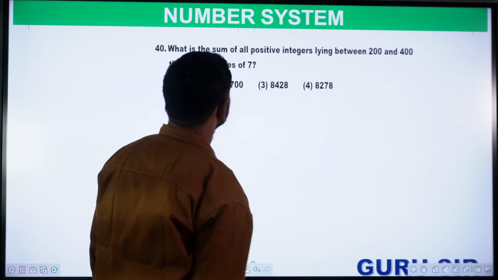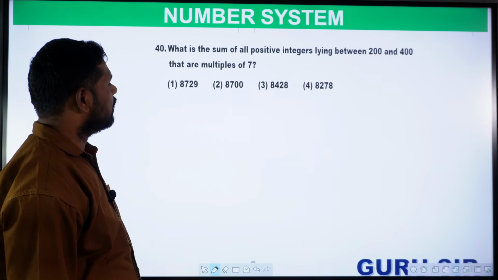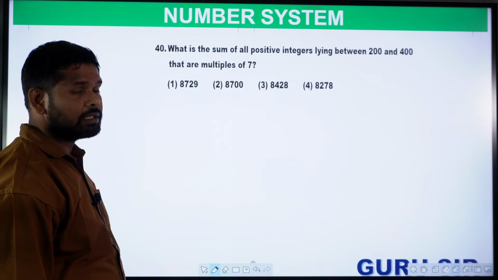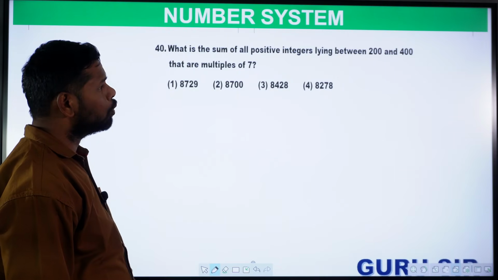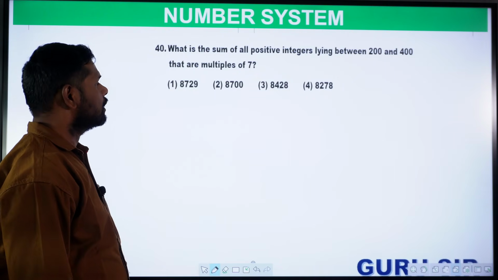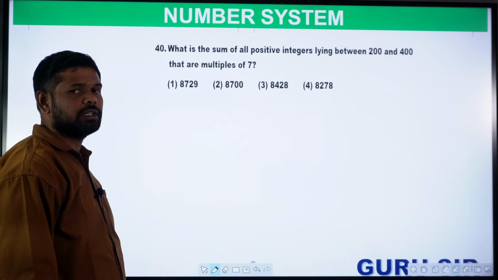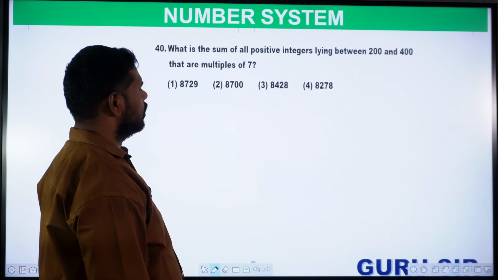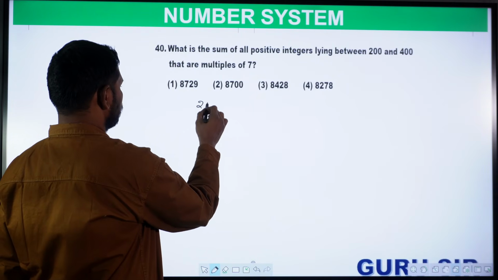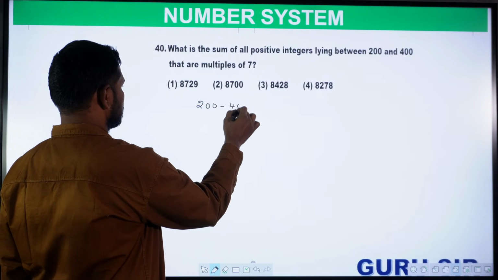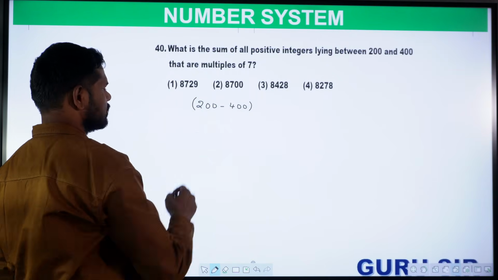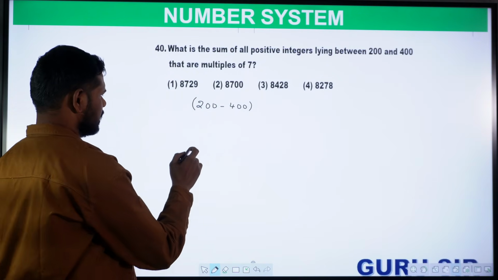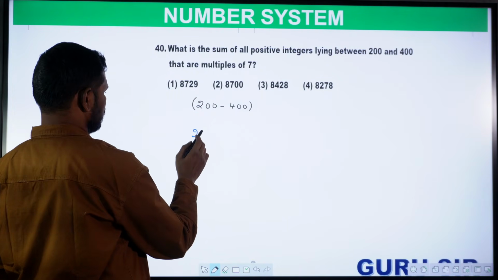Next one. What is the sum of all positive integers lying between 200 and 400 that are multiples of 7? Here we need to analyze. From 200 to 400, all are 7 multiples.